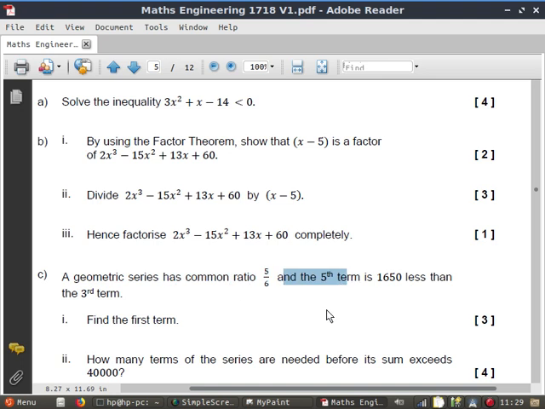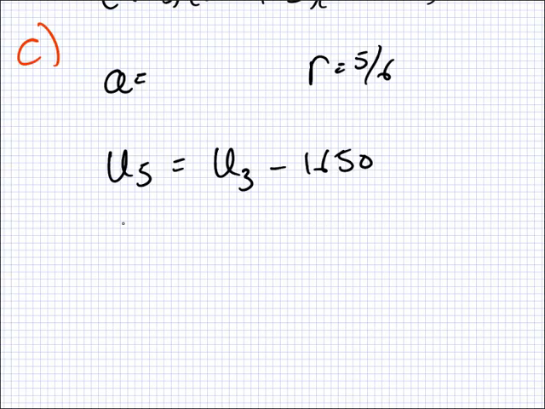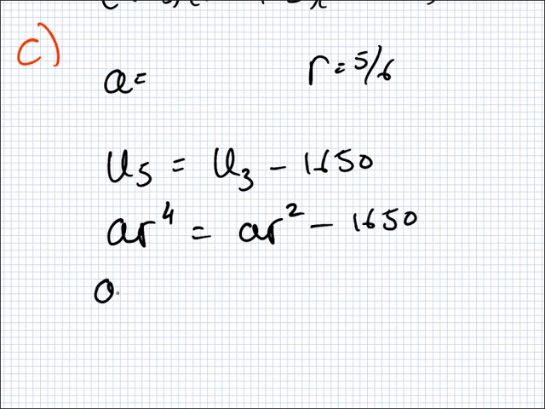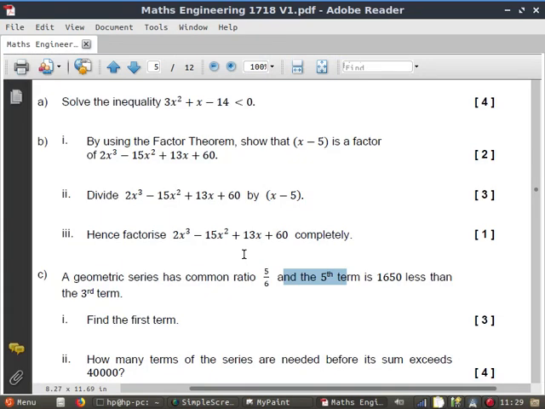So you have ar to the 4 equals ar squared minus 1650. So that means ar to the 4 minus ar squared plus 1650 equals 0.